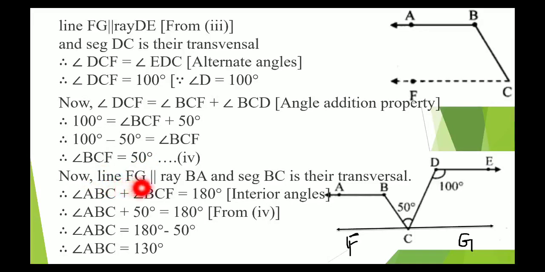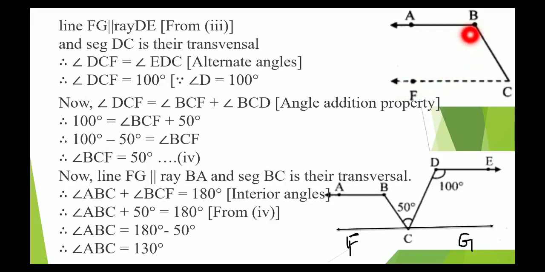Line FG, that downwards FG. FG is parallel to BA, where segment BC is the transversal. So angle ABC plus angle BCF is equal to 180 degrees, that is interior angle.